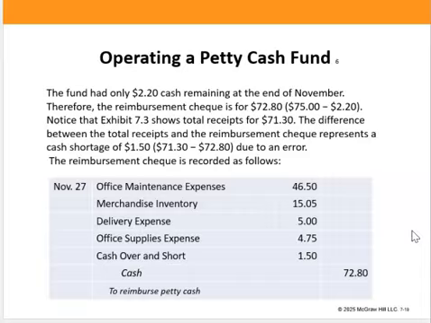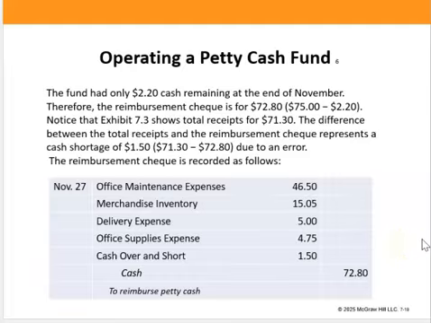But we can also fill in the line for cash because we know to reimburse petty cash, we need $72.80. So it's at that point, from the worksheet plus your journal entry, that you can confirm you need to debit cash over and short by $1.50 to make your debits and your credits balance in this entry.